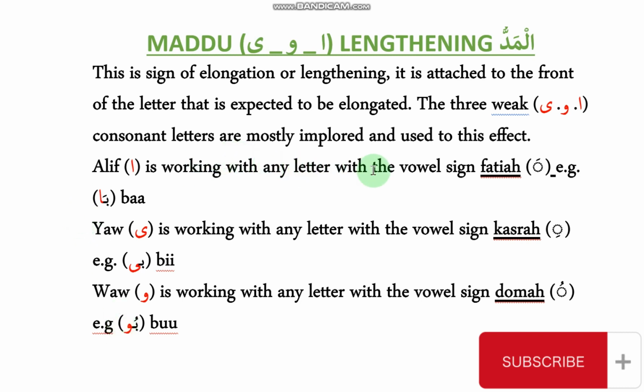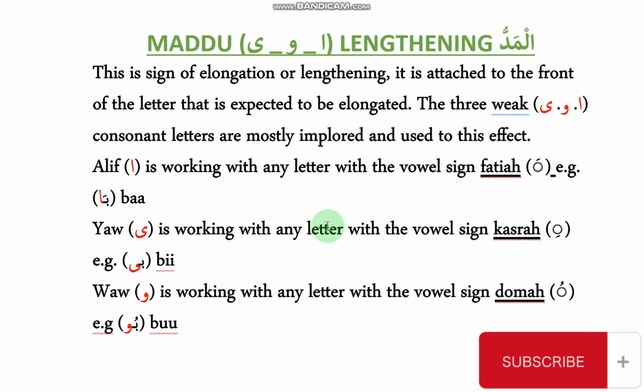Alif is working with any letter with the vowel sign Fataha, which means whenever any letter has Fataha, we use Alif to elongate it. So elongating Jim Fataha, Ja, now turns to Jim Fataha Alif Madi, Jaa.